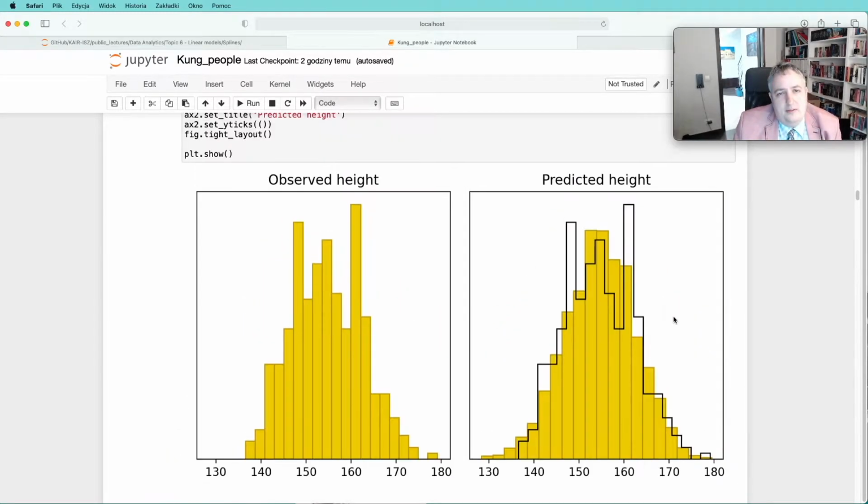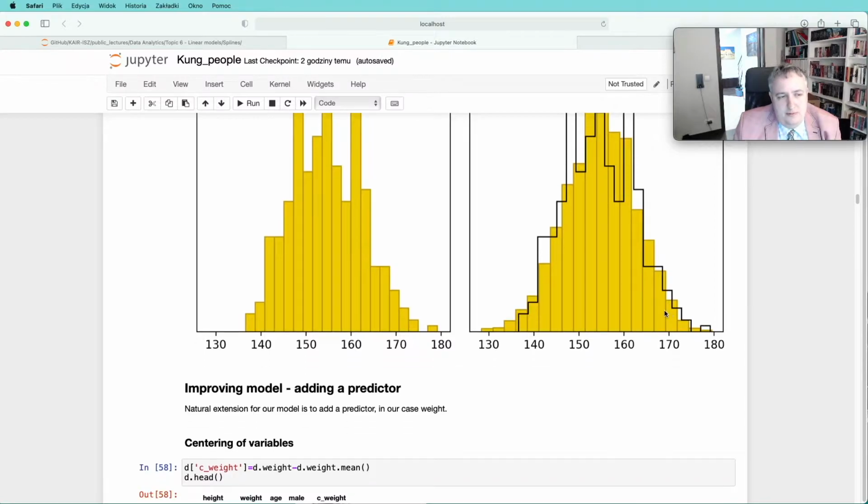So, how can we improve our model? A natural expansion of our model will be adding a predictor. And adding a predictor is a very simple task because we just want to include weight as our predictor of height, because it generally makes sense.